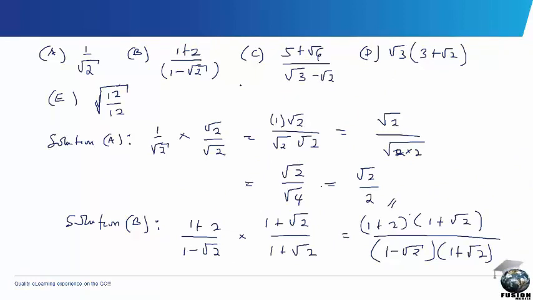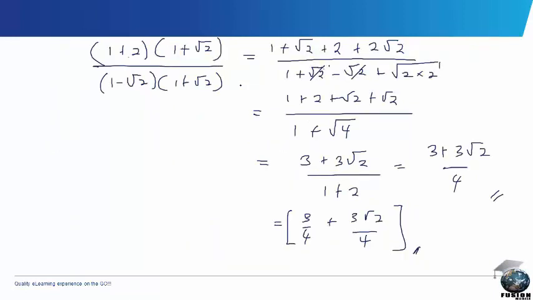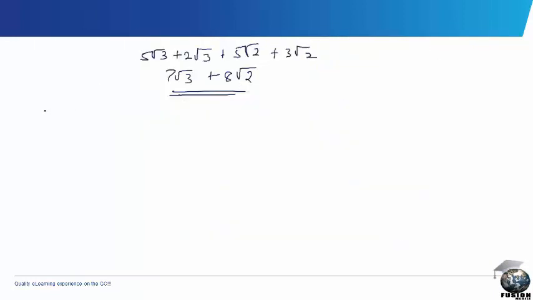Alright, so let's go on and do D. We have root 3 times 3 plus root 2. Alright, so how do we go about simplifying this?